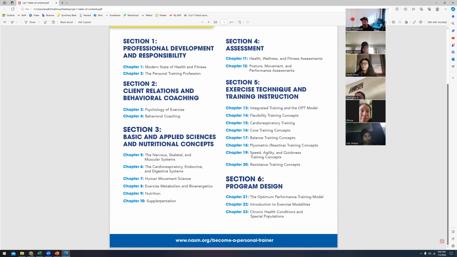Now, that being said, it's really important to make sure that you understand these chapters because they give you the knowledge to interpret the rest of the textbook. So I'm not saying that these chapters are unimportant. That is not the message that I'm trying to send here. But in terms of where you are going to spend most of your time memorizing certain concepts and answers that you can pull out of a hat really quickly on test day, these are probably not where most of your questions are coming from.